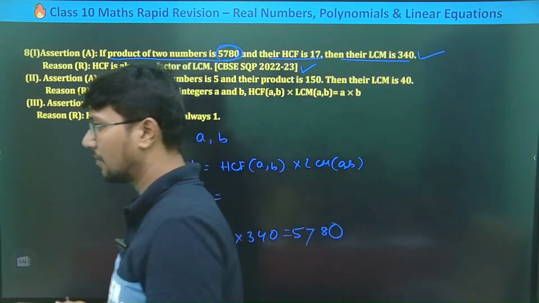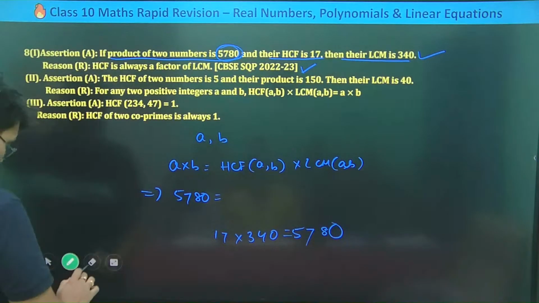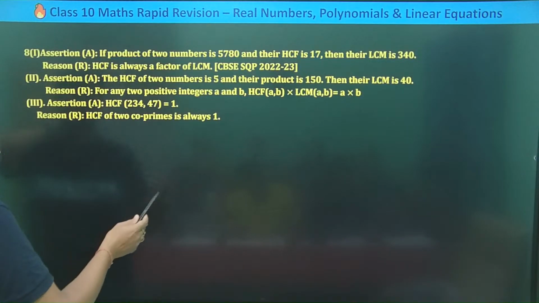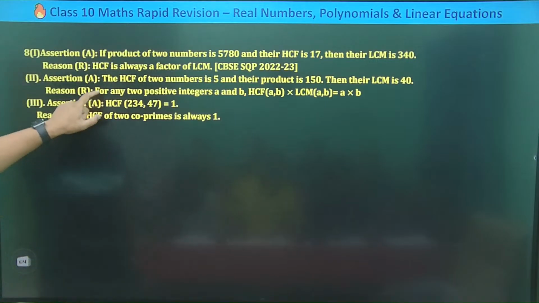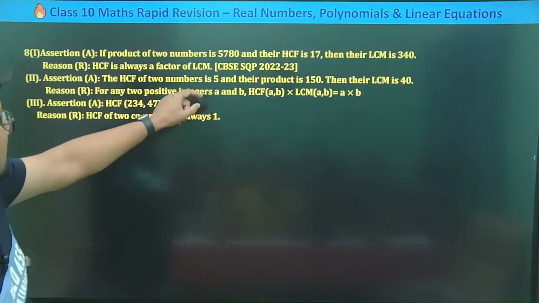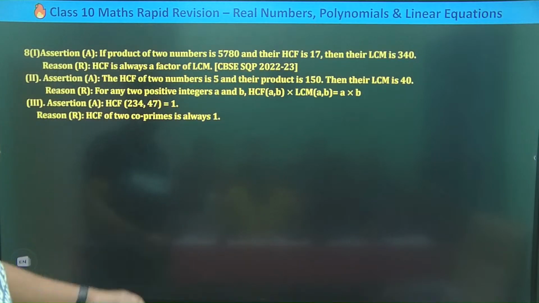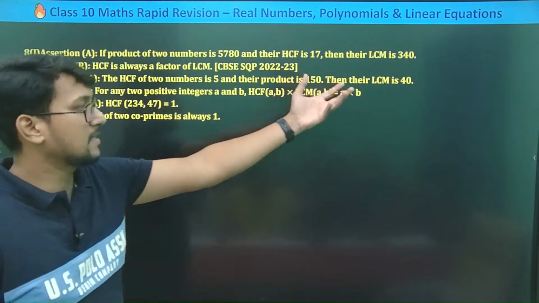Everyone clear? Let us move to the next question. Assertion A: the HCF of two numbers is 5 and their product is 150, then their LCM is 40.